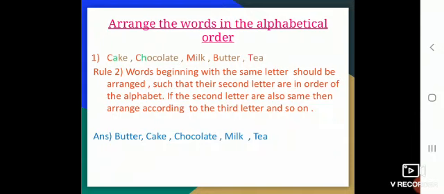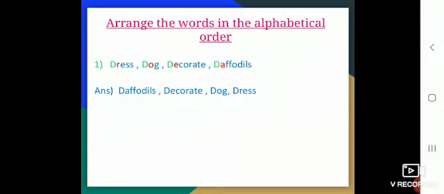Okay. Now let's see one more example. Here again four words are given: dress, dog, decorate and daffodils. Now here we can see that all these four words begin with D, right? So of course we must go with the second letter, as in all the words the first letter is the same, that is D. So what are our second letters?